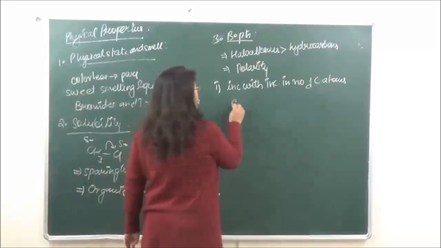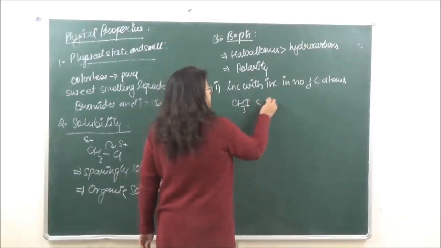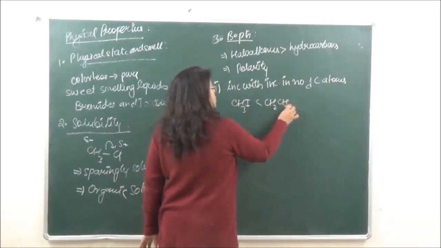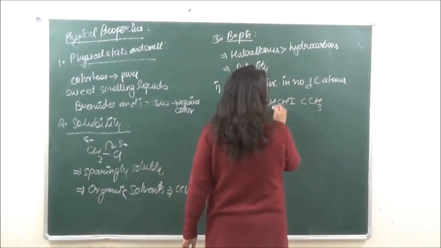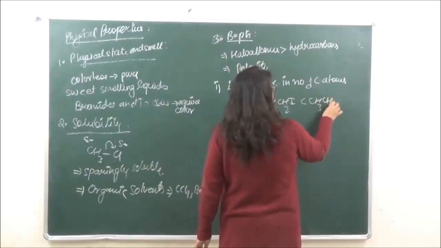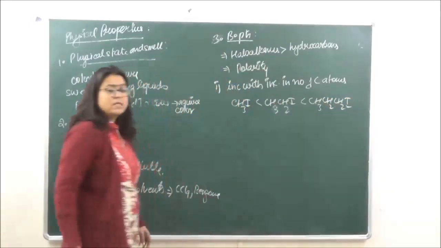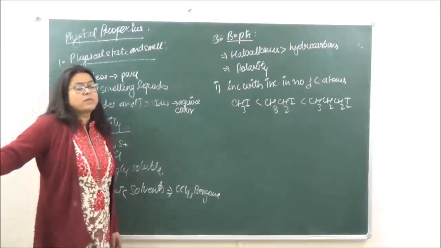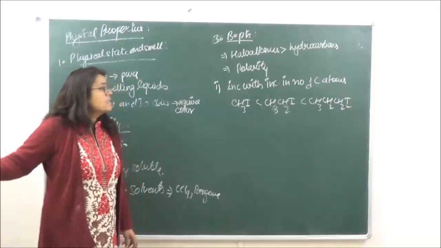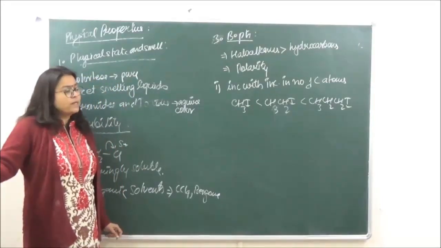So if you are taking CH3I, CH3CH2I, CH3CH2CH2I, the boiling points keep on increasing. The reason is that as the number of carbon atoms increases, the masses also increase and van der Waals forces of attraction also increase. Therefore, the boiling point increases.